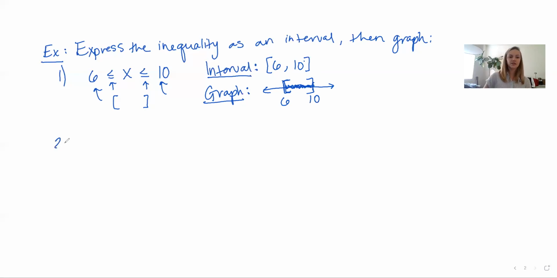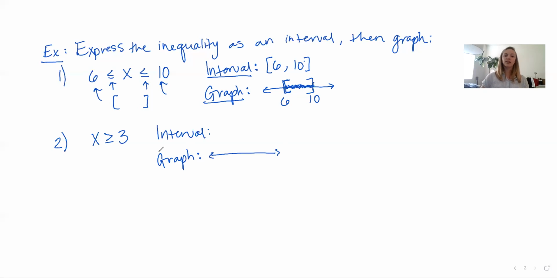But what if we're given something where we're going to have to use an infinity? So let's say we're given x is greater than or equal to 3. So we're going to find the interval notation and the graph. And for this one, what I'm actually going to do is graph it first. It's a little bit easier to find the interval after you graph.